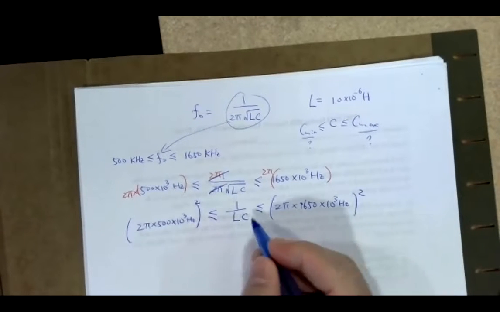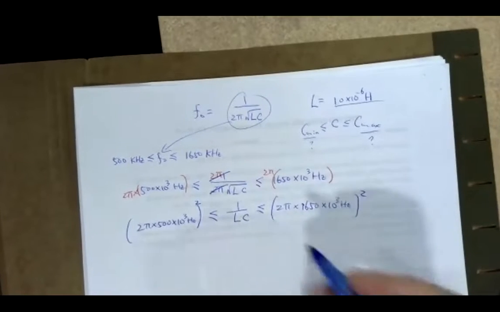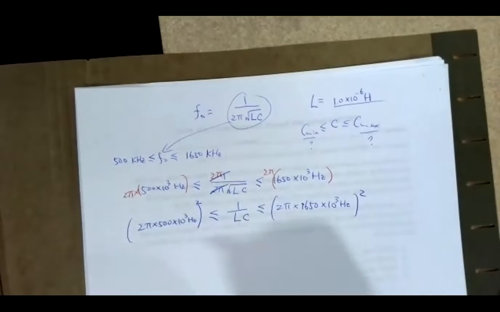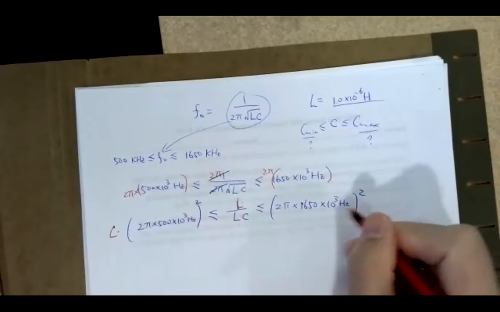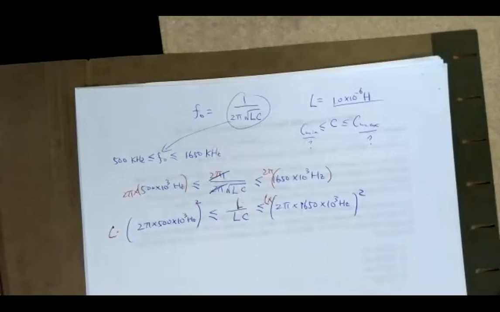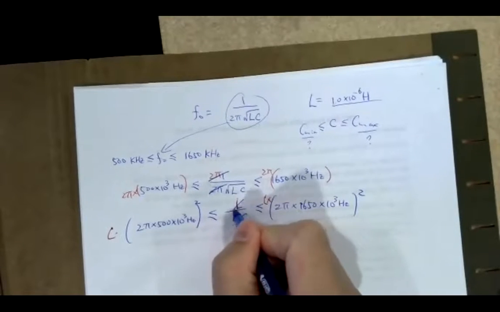L is 1.0 times 10 to the minus 6. So multiply this by L, this by L, and this one by L, and you'll get rid of L.